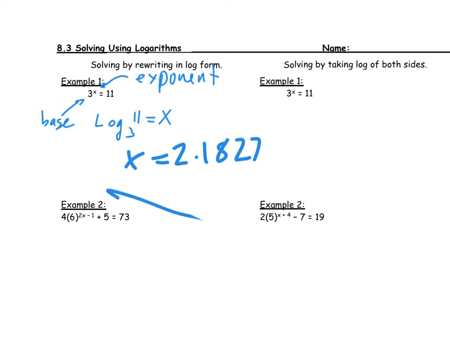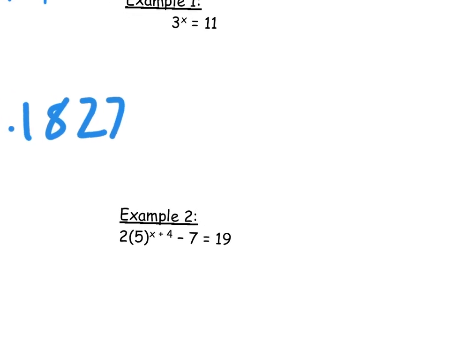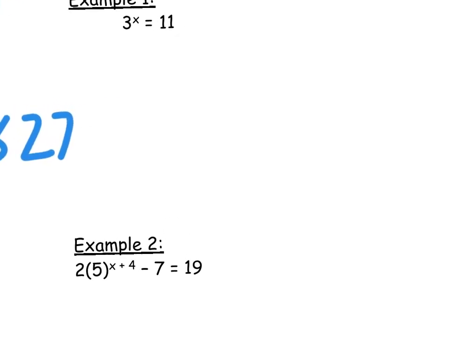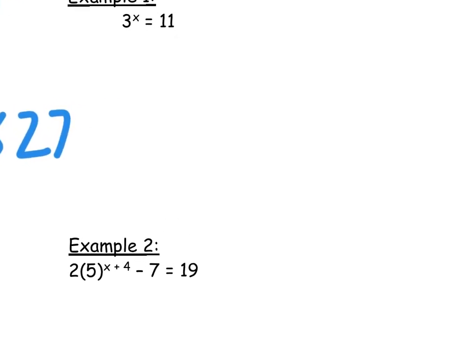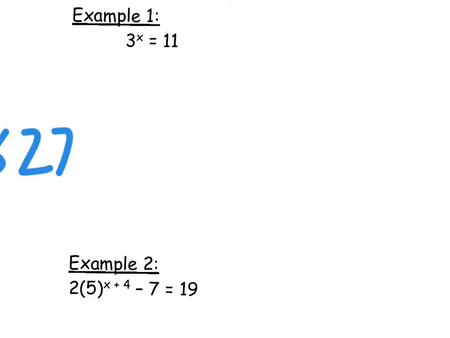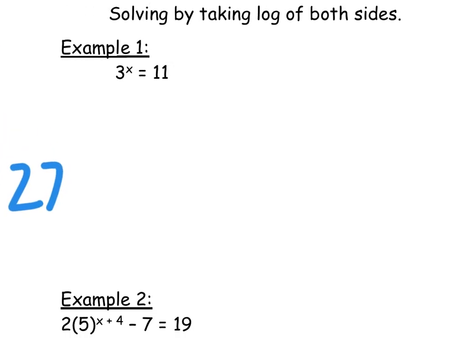But now, kind of want to show you a little bit different way. And you can use your calculator, your graphing calculator, your TI-30 calculator to do it this way. We're going to take the log of both sides. And we're going to use the LOG button, and I'll show it to you here because I want you to see it. It's just LOG, and this is the common log. You don't type in a base because it has a base.